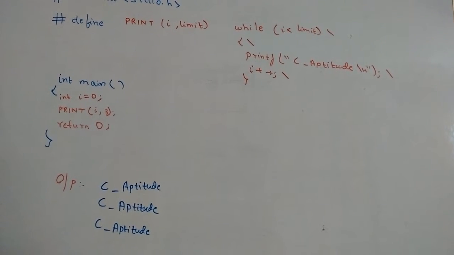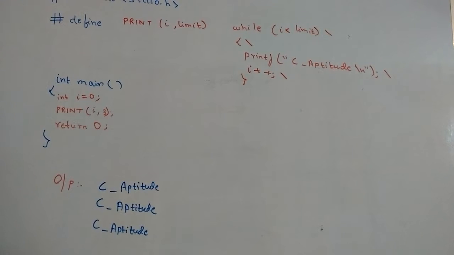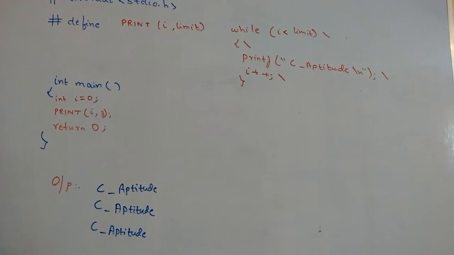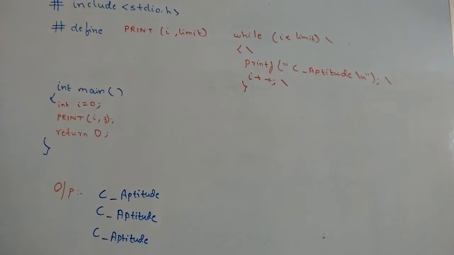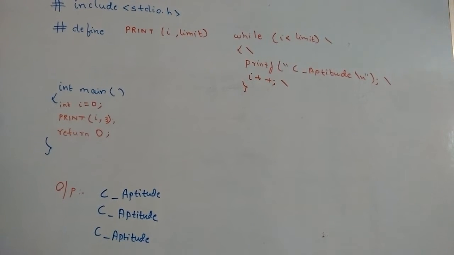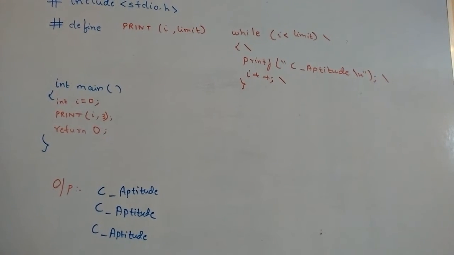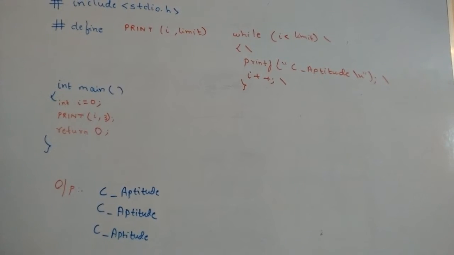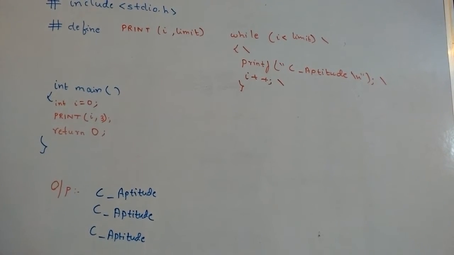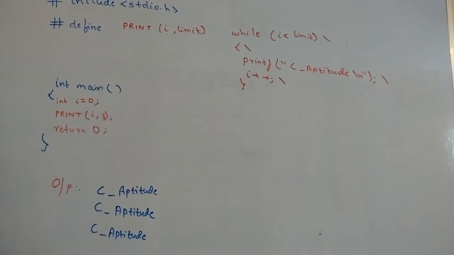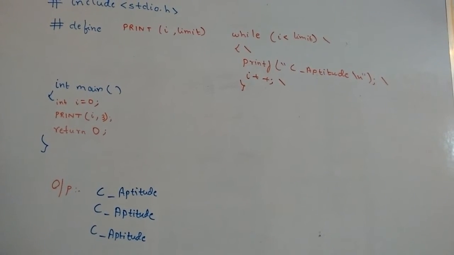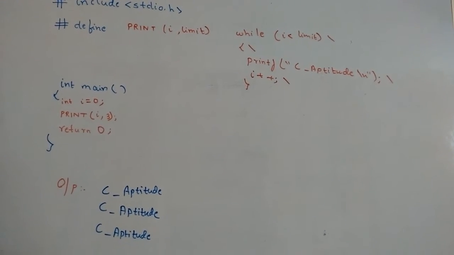And also I need to tell you this. When you look at the second line, that is the #define line, in the body of the macro, after the first line I've used a backslash indicating the control to go to the next line. In the second line also I've used a backslash. In the third line, in the fourth line also I've used a backslash.